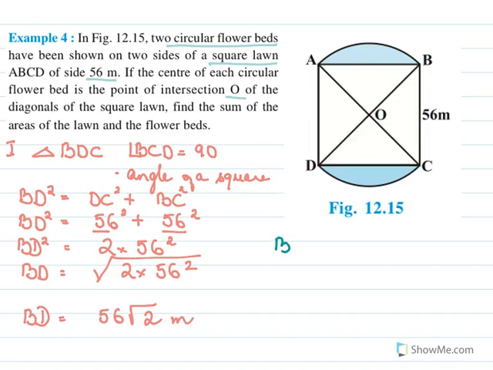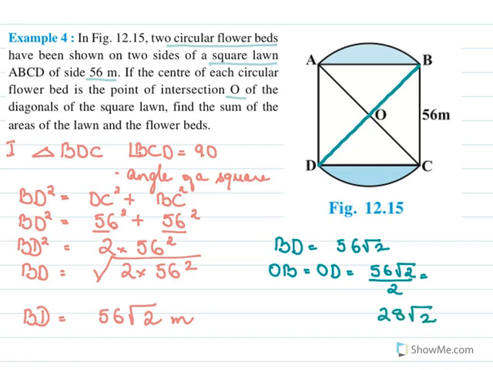Now the second part. Now that we know BD is 56 root 2, you'll definitely agree that OB is equal to OD, which is equal to 56 under root 2 over 2, half of it. So this is now 28 root 2.